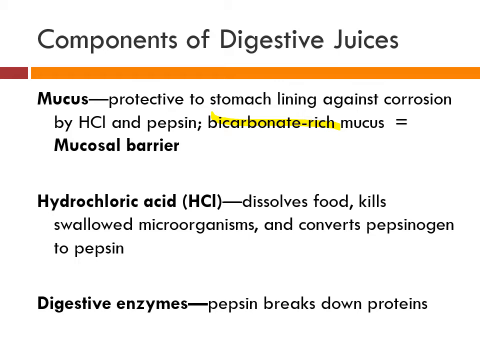In the stomach, it's important that even though we have digestive enzymes, we're breaking down food, no absorption of nutrients takes place in the stomach. All of the absorption of nutrients is in the small intestine, so the stomach is breaking down materials and then delivering them to the small intestine, but not actually absorbing anything.